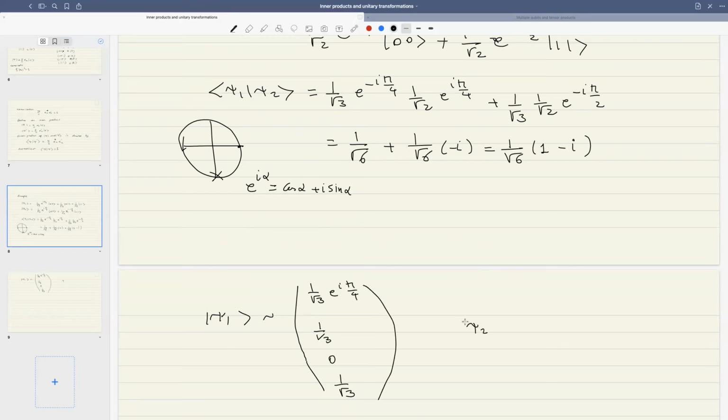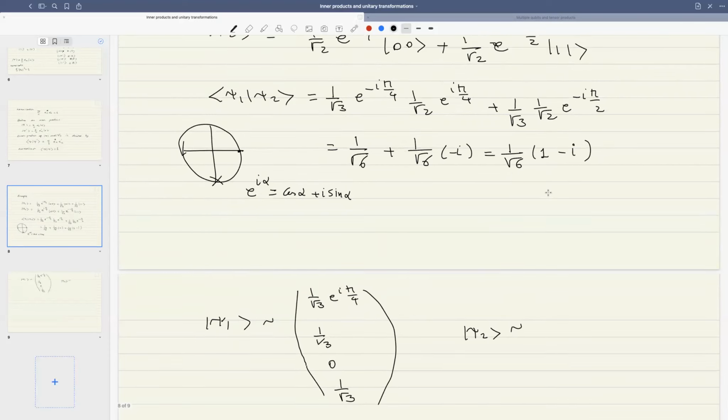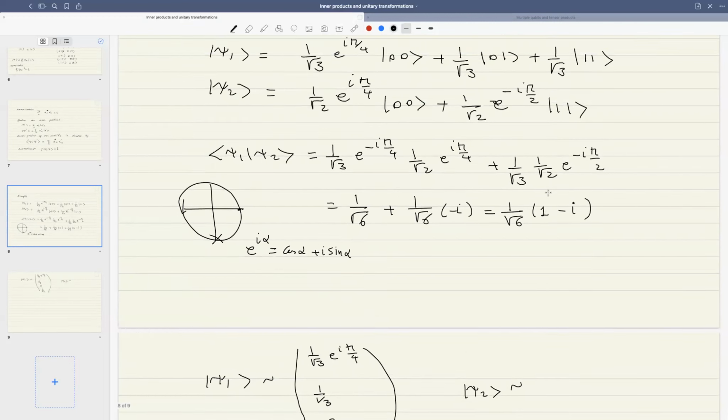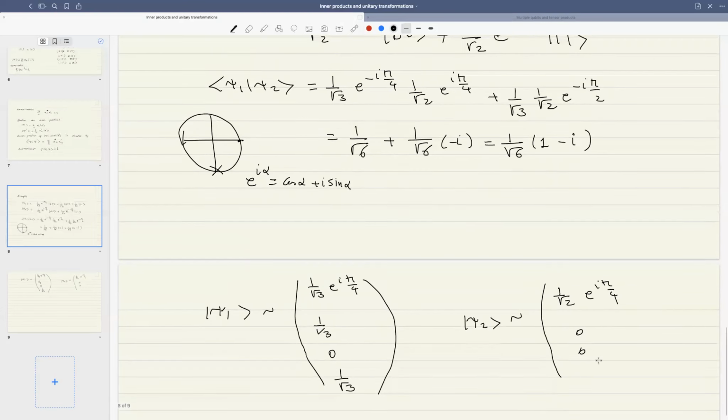And my psi 2 is represented by 1 over square root 2 e to the i pi over 4, 0, 0, 1 over square root 2 e to the minus i pi over 2.